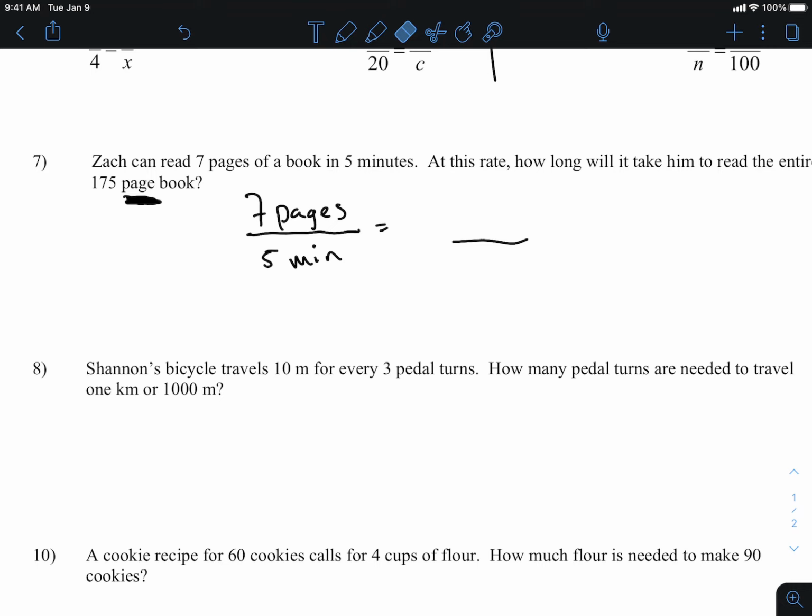The units have to match. So it doesn't matter where you put them, but if you put pages on the top, you have to put pages on the top on the other side. You can't decide to flip it. Okay, that's important. So 175 pages, and then you're finding the question mark in minutes.